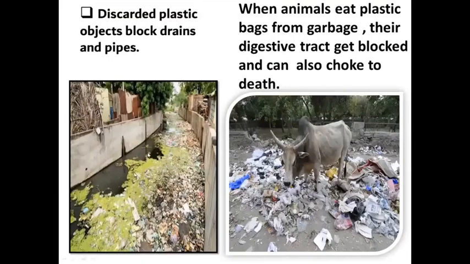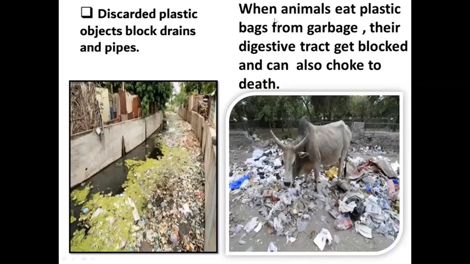You can see a drainage. What happened to this drainage? Discarded plastic objects block drains and pipes. So the use-and-throw plastic items or the broken plastic items block the flow of water and it causes many diseases: the water gets stagnant, the mosquitoes start breeding, and that water cannot flow easily.